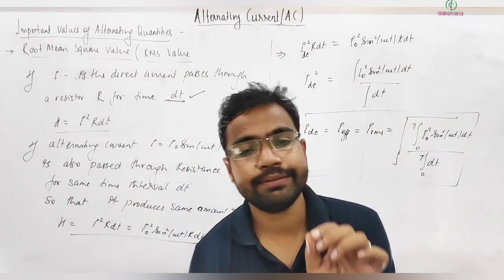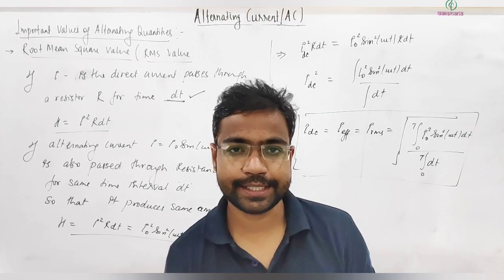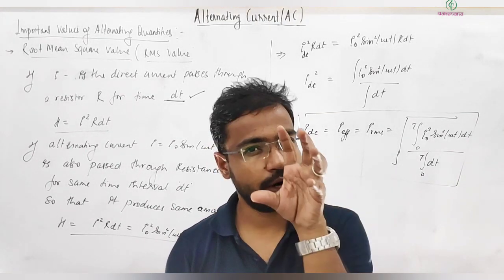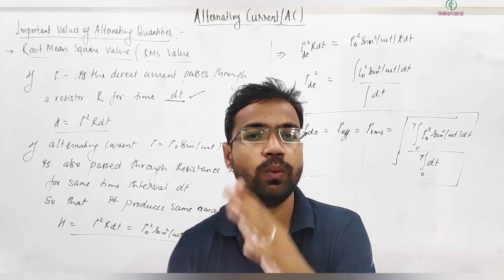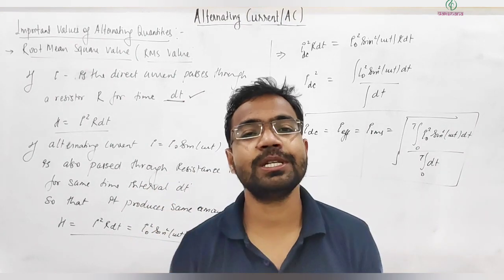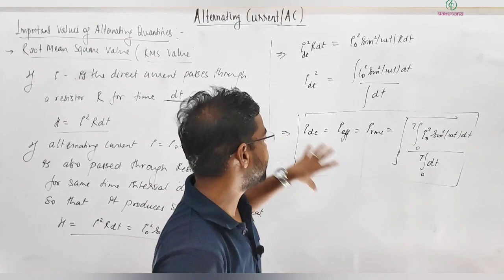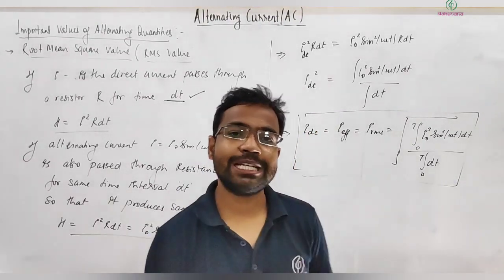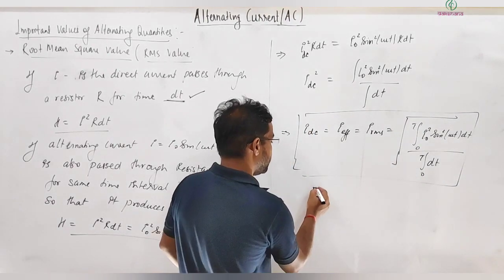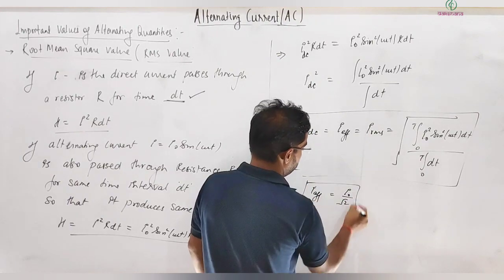So if I is equal to I naught sine omega t is an alternating current, then its RMS value you can call its effective value, a value of current equivalent to a DC current, so that both, when passed through the same resistance for the same interval of time, should produce the same heat. If I naught is the peak value, then the effective value is I effective equal to I naught by root 2.